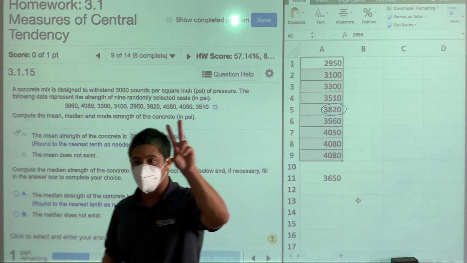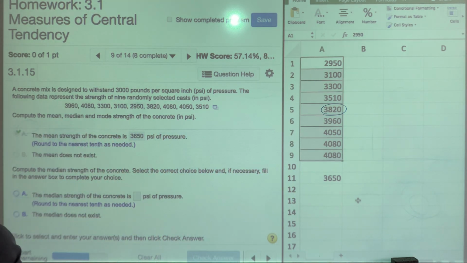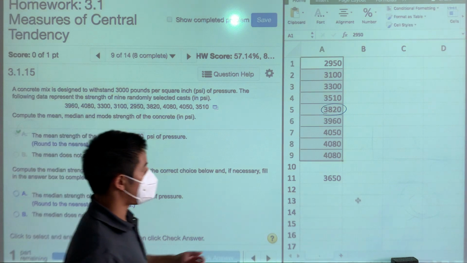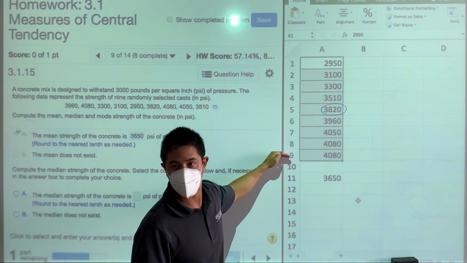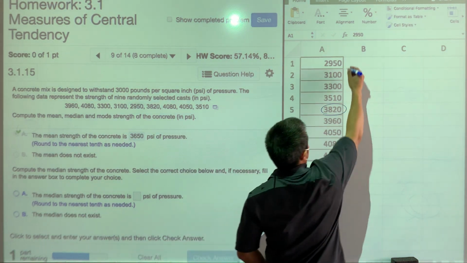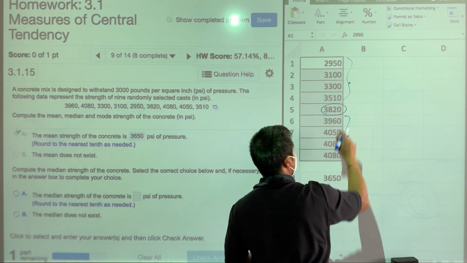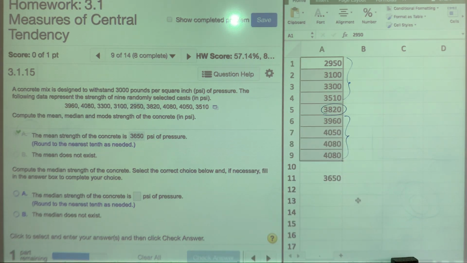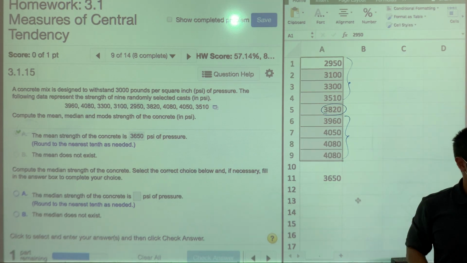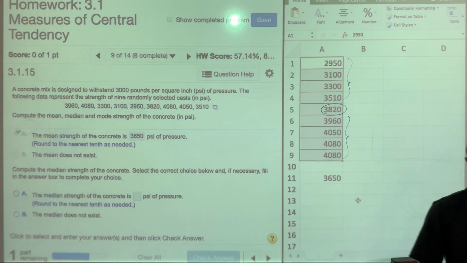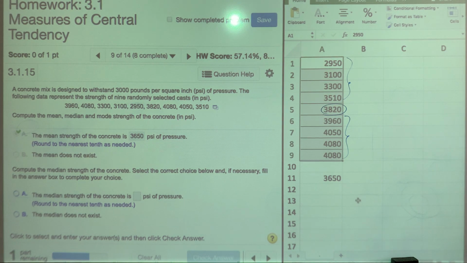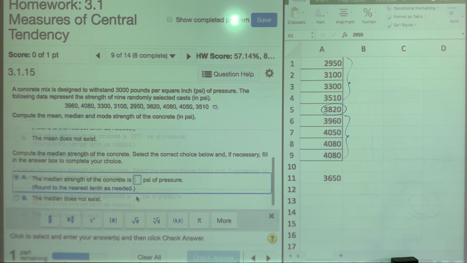Unlike the previous 2 problems, that had an even number of numbers, mine has an odd number of numbers, and so therefore I have 4 before and 4 after, there is my exact middle one. Now if there was an even number, then we average the middle two like we did in previous problems. So there we go. My median is 3,820.